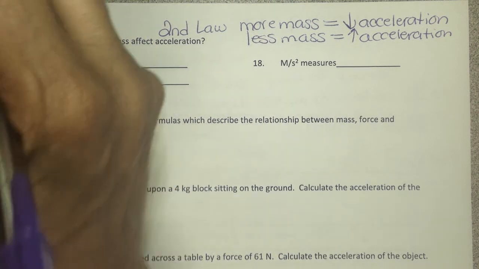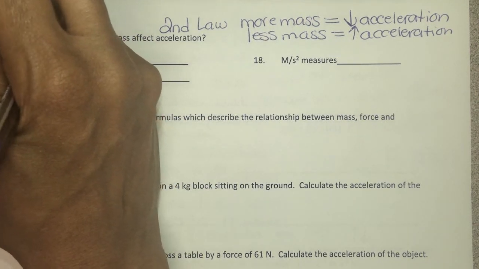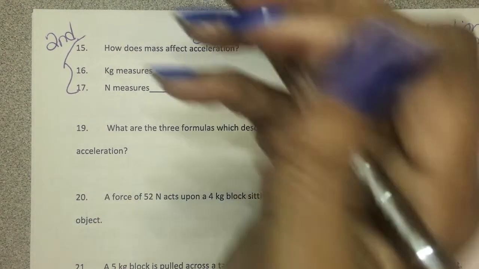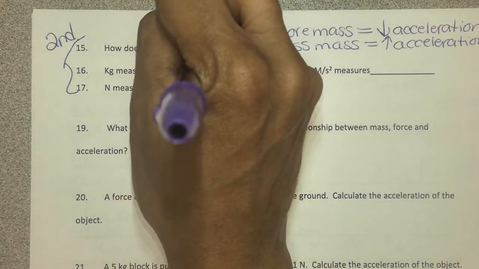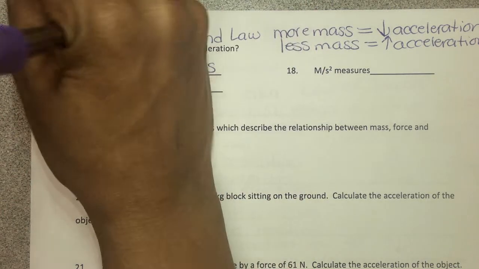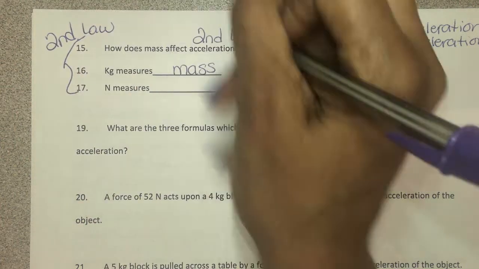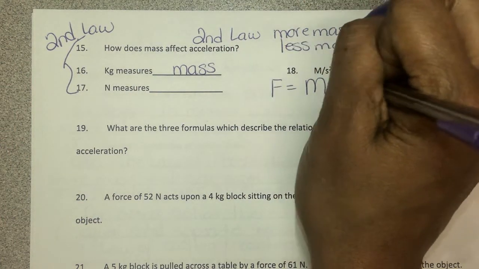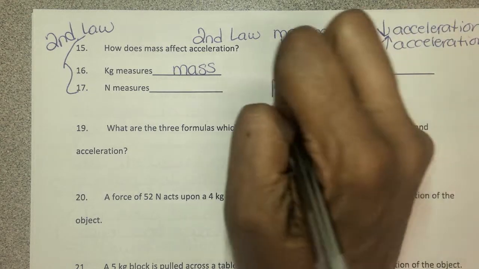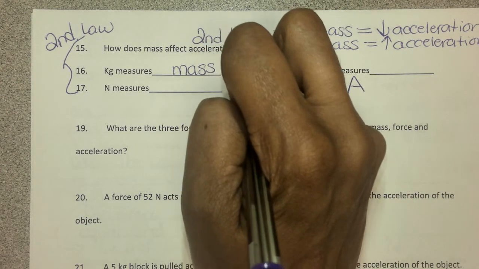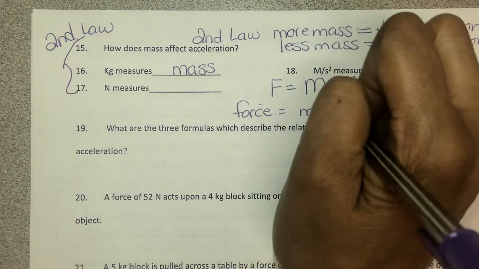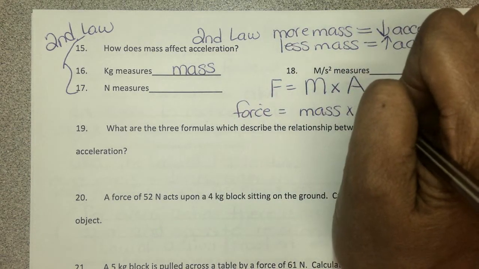All right, so questions 15, 16, and 17 all deal with the second law. Kilogram measures mass. I'm just writing out the formula. The second law is force equals mass times acceleration.